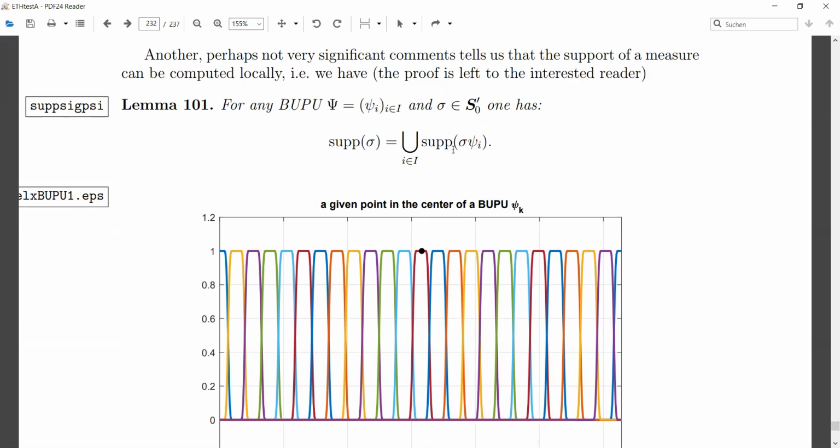So if you're interested in the point, then it is only touched by finitely many of these local supports. And that's why you can just take the union locally. So that means the support discussion can be reduced to discussing the support of an individual sigma psi number 5 or 20. And that's maybe sometimes helpful or so.